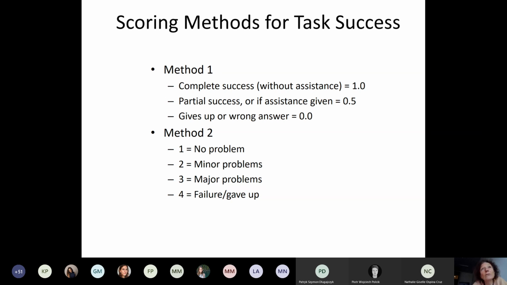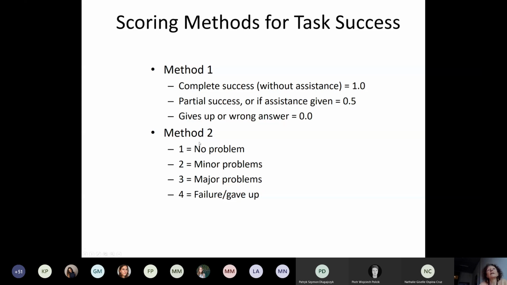Complete success means I do everything, I complete the task, and I did not need any assistance. Partial success is when I do not complete the task as it was expected, or I complete it with some help. And a failure is when the user really gives up or gets to the wrong point.